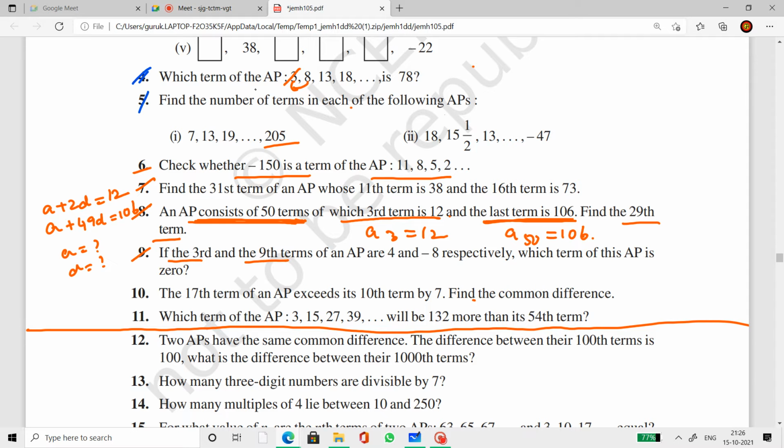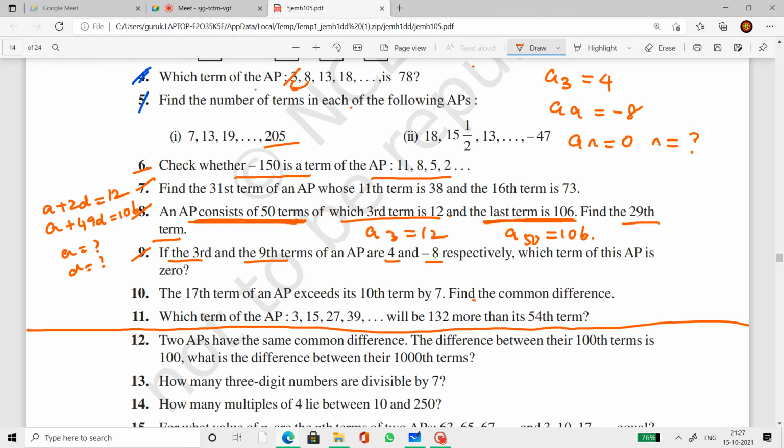Now the 9th one. The third and the ninth term of an AP are 4 and minus 8. So third term is given as 4 and ninth term is given as minus 8. Which term of the AP is 0? So AN is 0 and they want us to find the concerned n term.